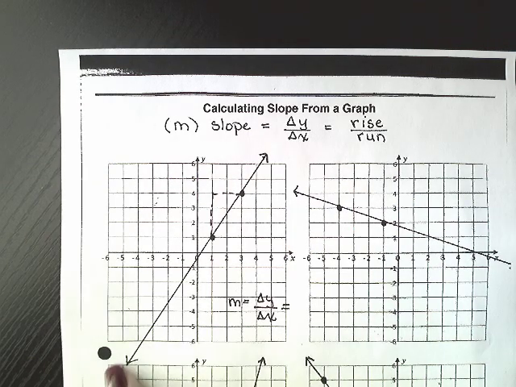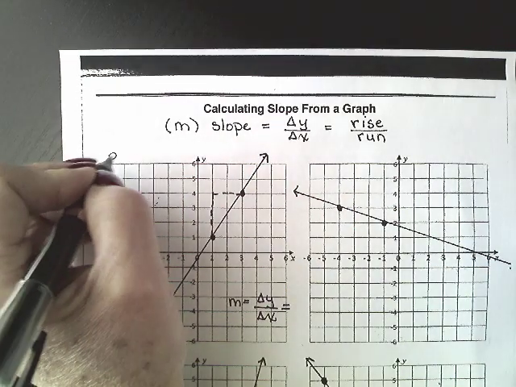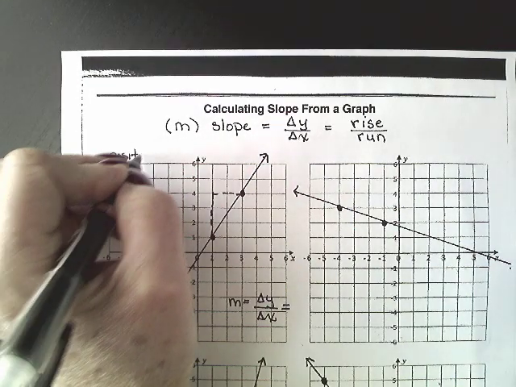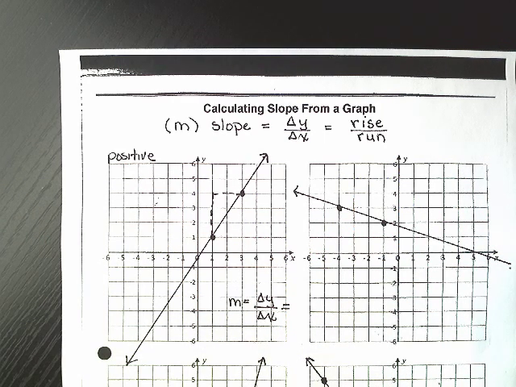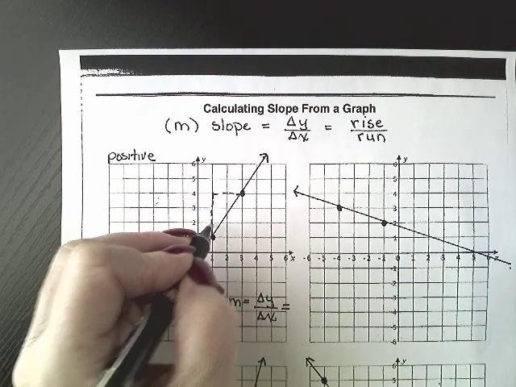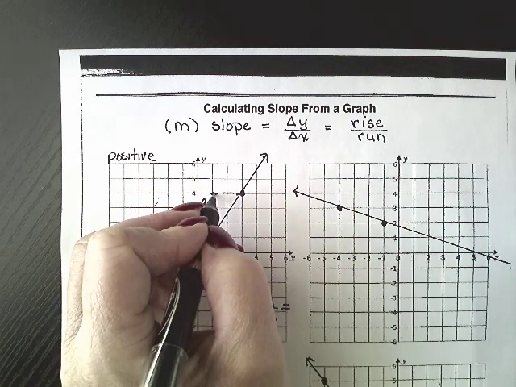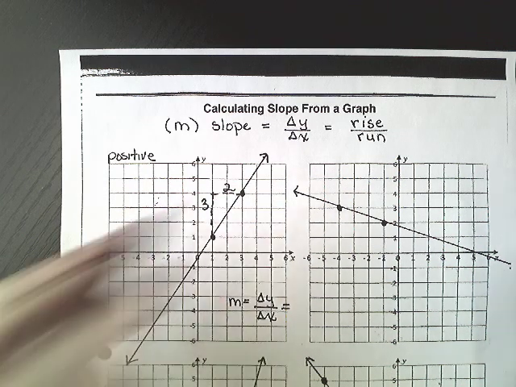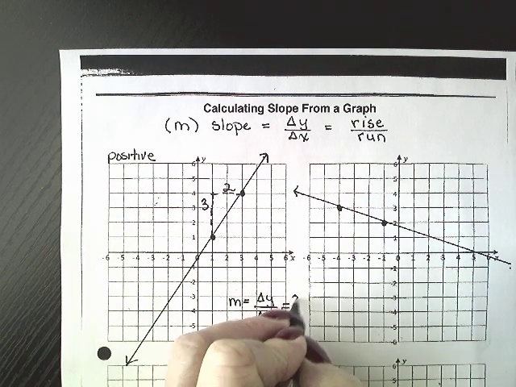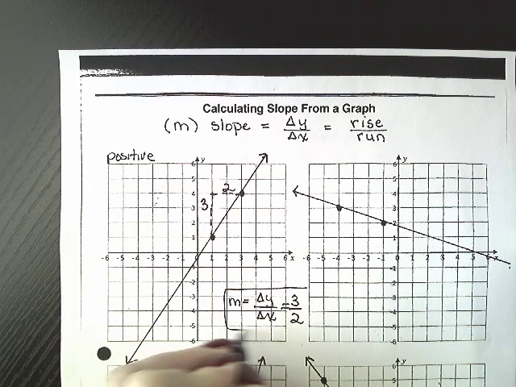Now, just looking at the first graph, it's climbing. So we know that this is going to have a positive slope. Now count up how many spaces you have for your rise. 1, 2, 3. So my rise is 3, 1, 2, my run is 2. Therefore my slope is 3 over 2.